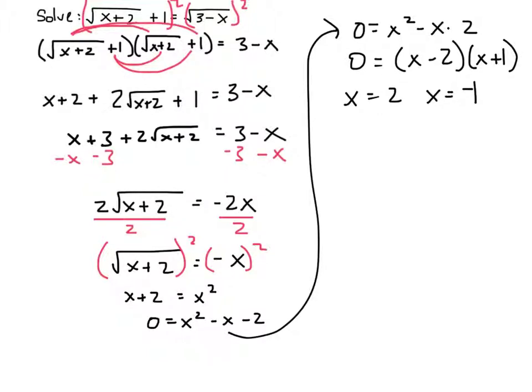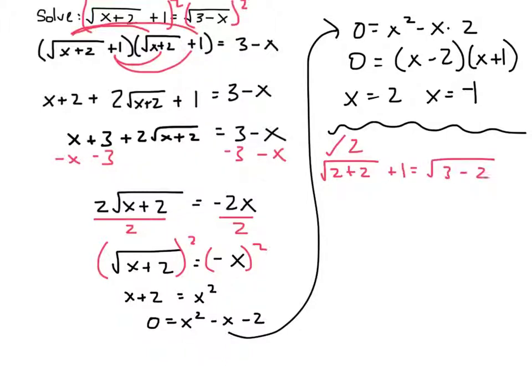Okay, so now it's time to check to see if either of these are extraneous. So I'm going to check 2. That says the square root of 2 plus 2, plus 1, is equal to the square root of 3 minus 2.